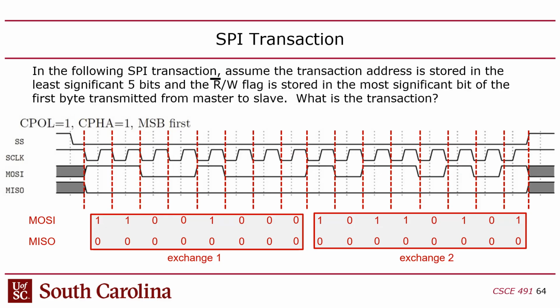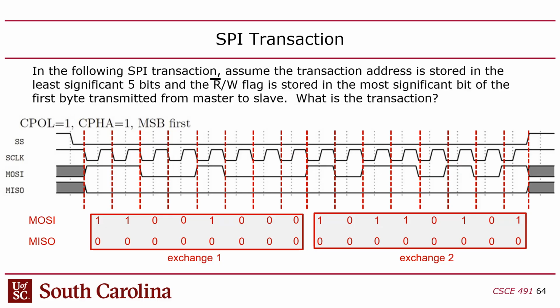And then once you have the MOSI bits in the first exchange, you can convert that into whatever those bits mean. Like you can interpret the header, which is the address and whether you're reading or writing. And in some cases, whether you're doing a streaming or multiple data or single data, right? But that depends on what those bits mean.